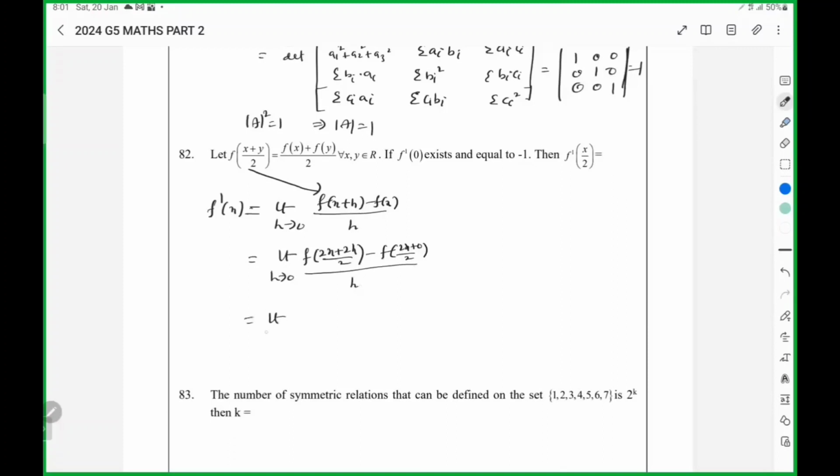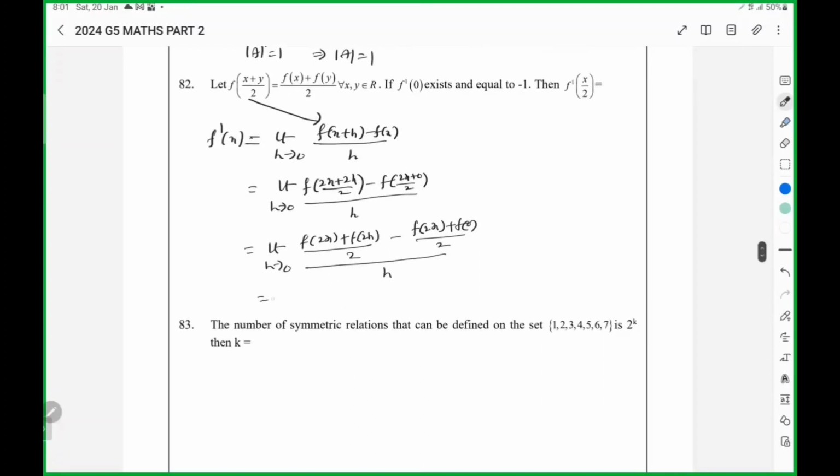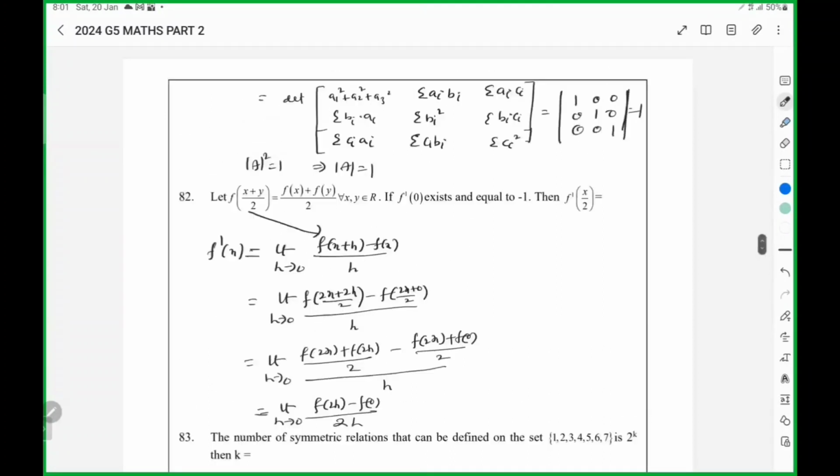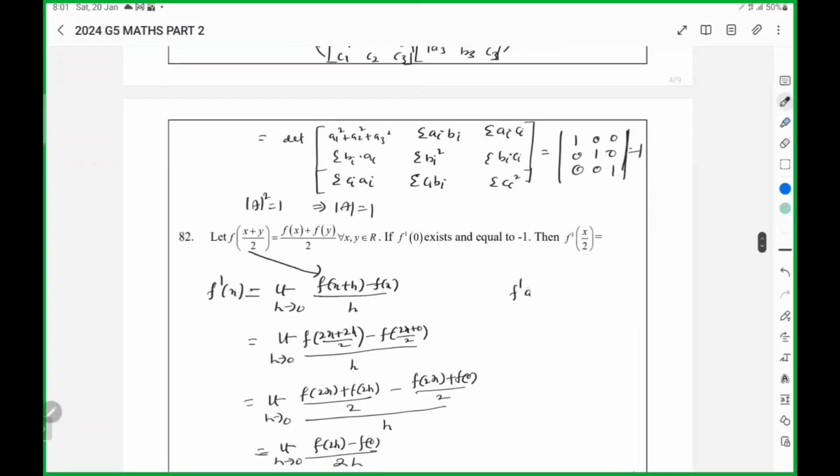So according to the definition, f of 2x plus h, f of 2x gets cancelled. f of 2h minus h, limit h tends to 0.